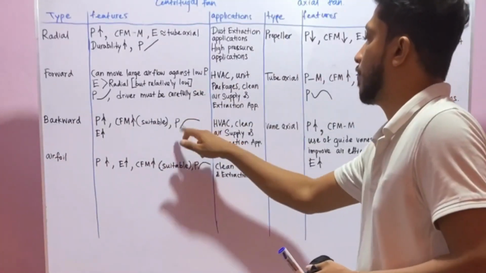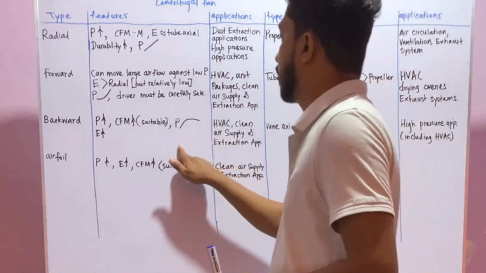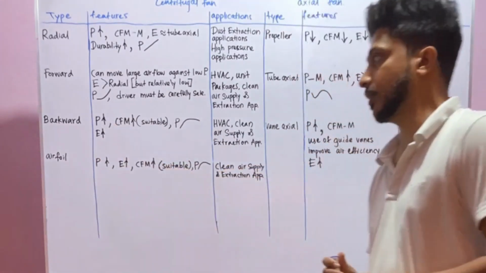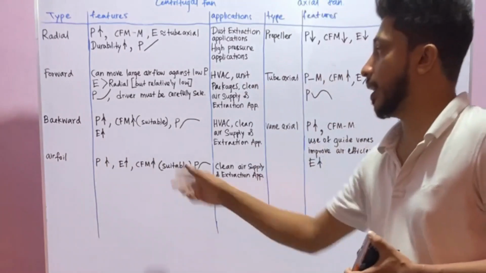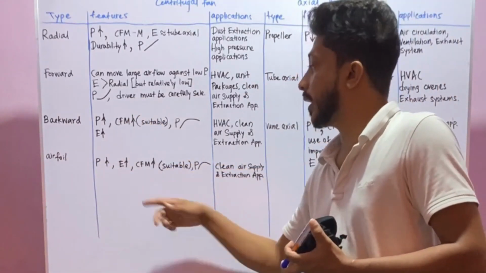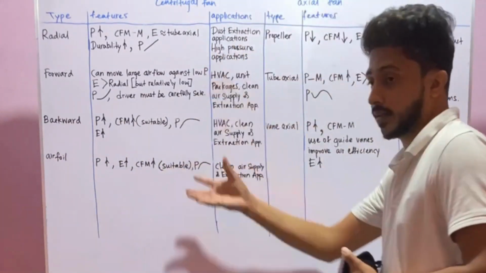And that is how the power curve of the backward curve fans looks, and efficiency is higher, somewhat generally higher. Airfoil pressure is higher, like backward curve fan, backward airfoil. Efficiency is higher. It is the highest efficiency in this category.